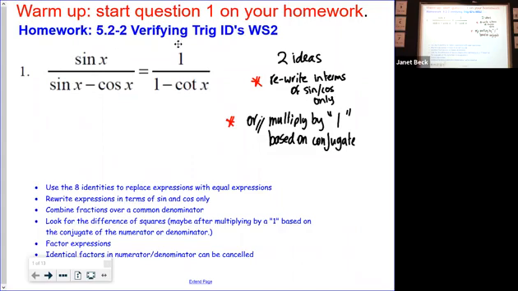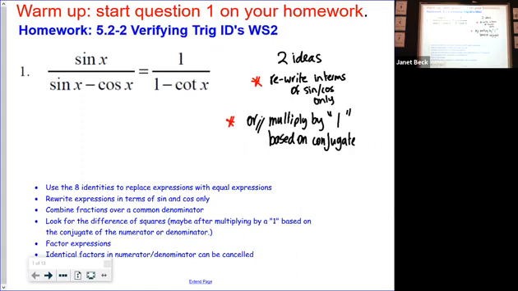Remember, when you're verifying a trig identity, what you've been given is an equation, and it will be an identity if it's true for all values of the variable. So what you have to do is leave one side of the equation alone, and you've got to choose which side you're going to leave alone, and you work with only the other side of the equation, and you're not allowed to change it.